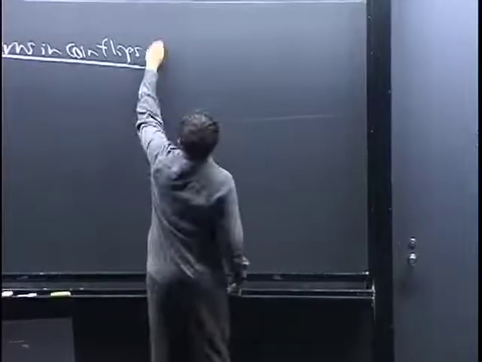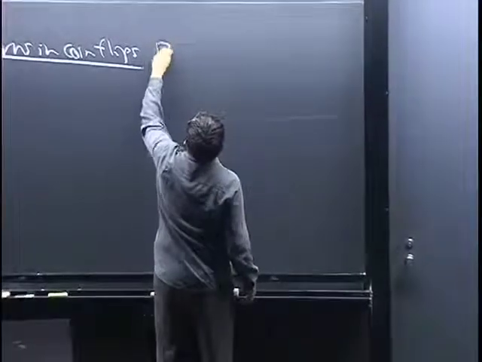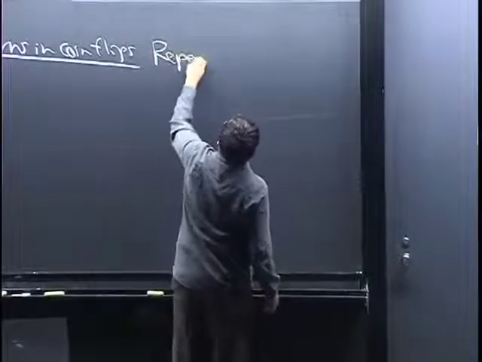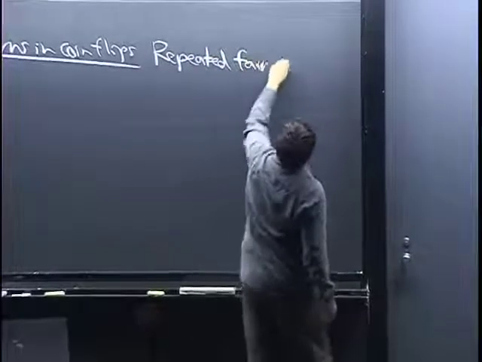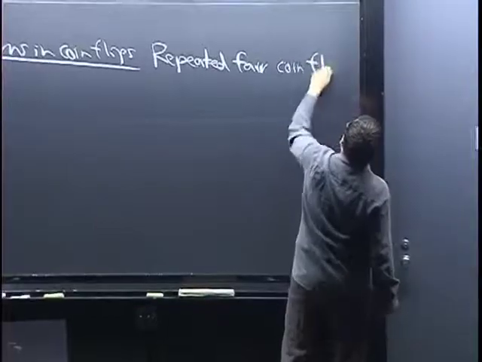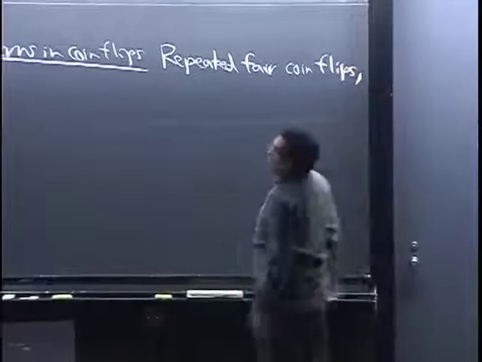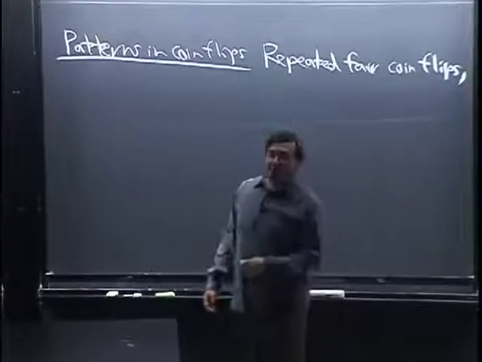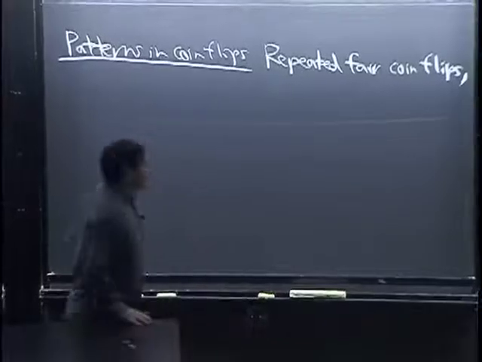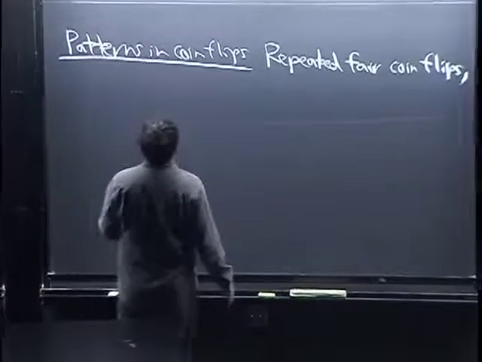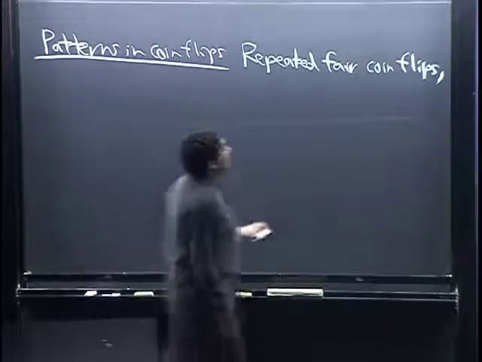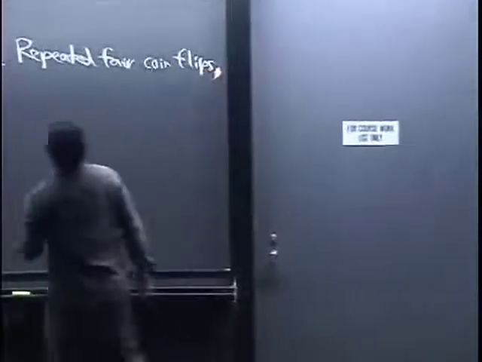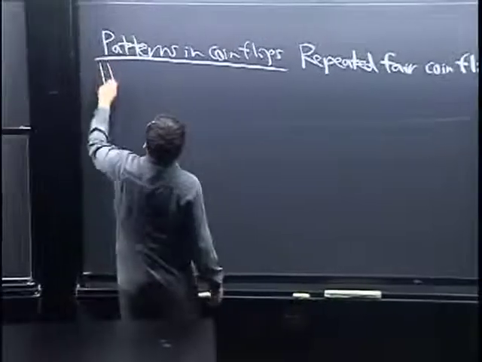But right now we're assuming we have a fair coin, and we do repeated fair coin flips. And we're waiting for a certain pattern. We want to know how many flips until we observe the pattern, heads followed by tails.